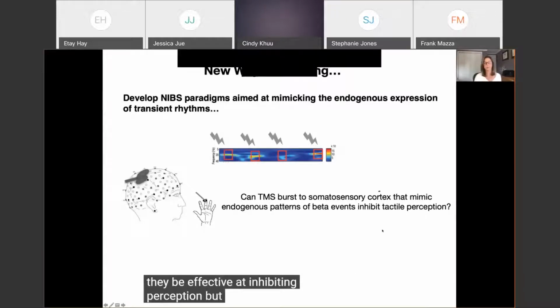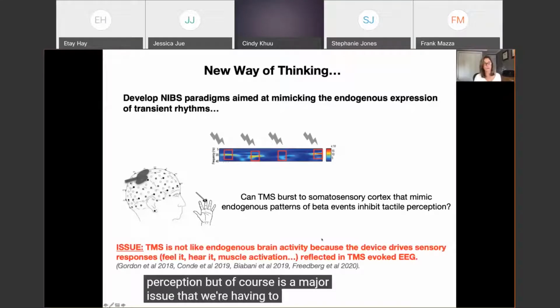But of course, there's a major issue that we're having to deal with, and that is TMS is not like endogenous brain activity, because the device itself drives sensory responses. You can feel the stimulation, you can hear the stimulation, it's driving muscle activation, and we now know through many studies that this can be reflected in the TMS evoked EEG activity.